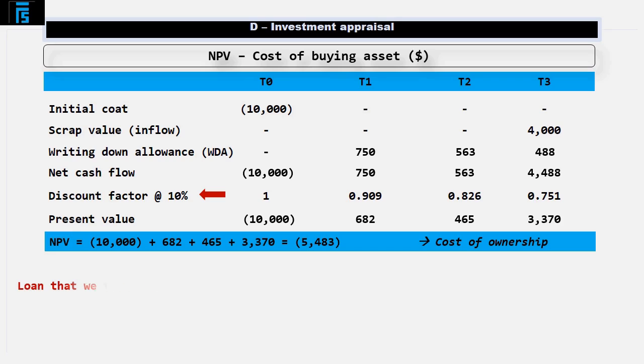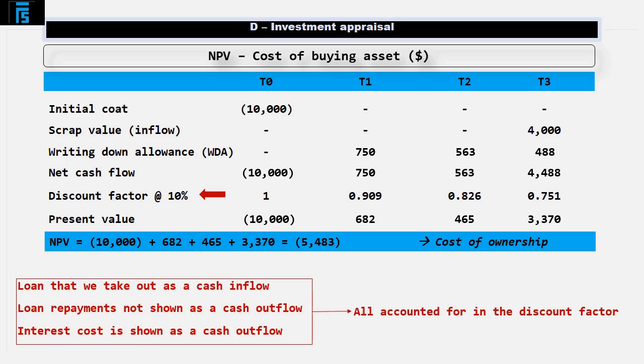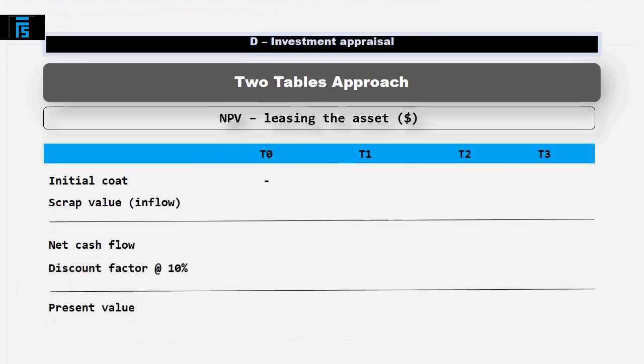Secondly, you'll notice we don't put the loan that we take out as a cash inflow. We don't put the loan repayment as a cash outflow, and we don't even put the interest cost as a cash outflow. This is because it's all accounted for in the discount factor. That 10% represents the cost of financing this asset.